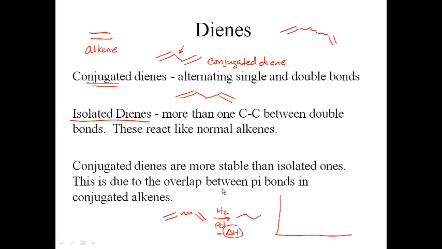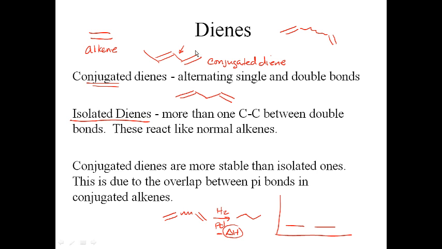And so when they take, for instance, this 1, 2, 3, 4, 5 membered isolated diene, and they were to react that with hydrogen, or take, and I'm going to add a carbon on here, 1, 2, 3, 4, 5 membered conjugated diene, what they find is that they get the same product in both of these reactions.